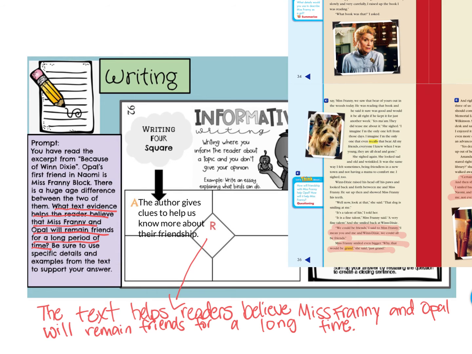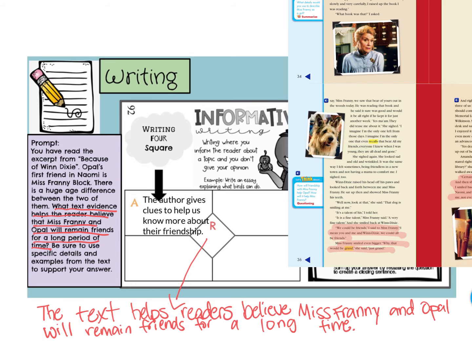So now I can put my R and my A together, and I think it's beginning to sound like a well-developed paragraph. I'm going to go back to my R. The text helps readers believe Miss Franny and Opal will remain friends for a long time.